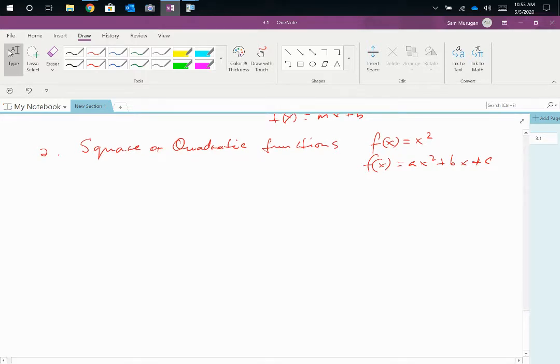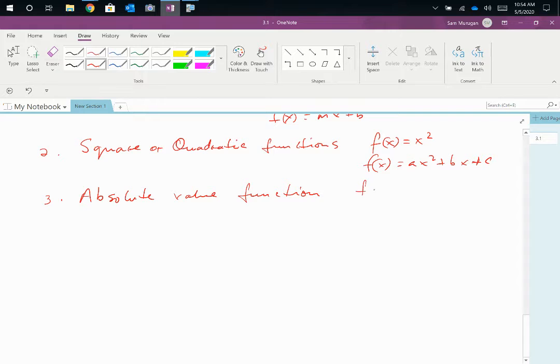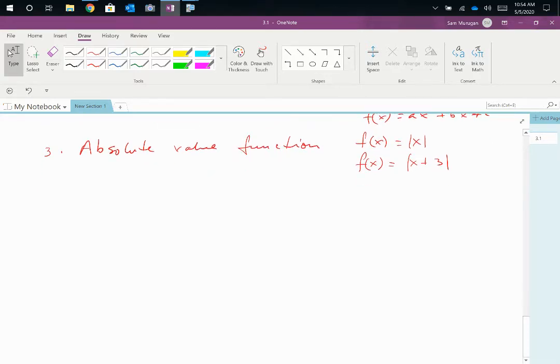Any absolute value function, f of x is equal to the absolute value of x, or any variation of that, f of x equal to the absolute value of x plus some number. Any variation that's in an absolute value sign has a domain of negative to positive infinity.